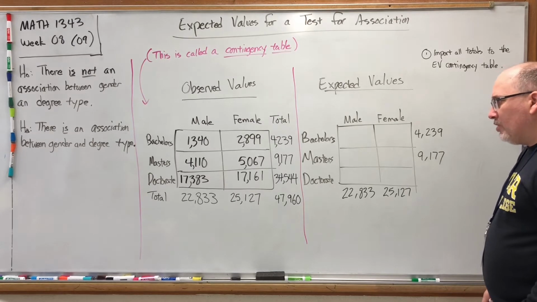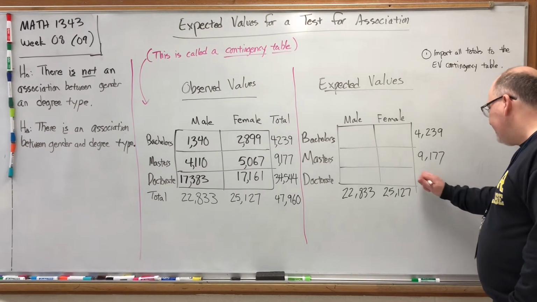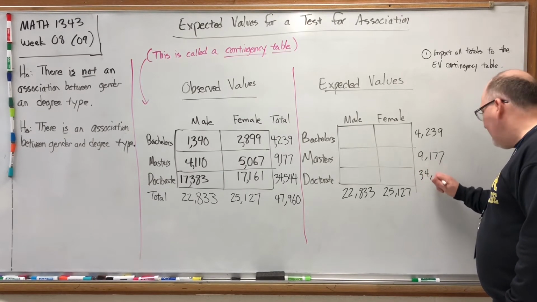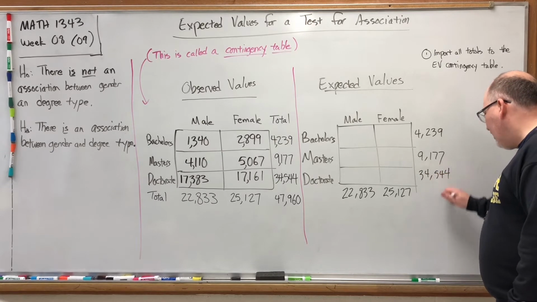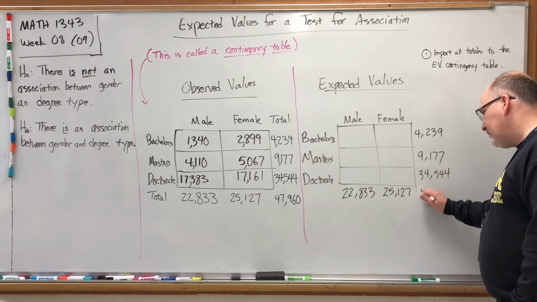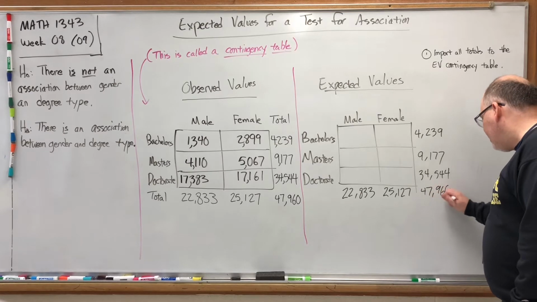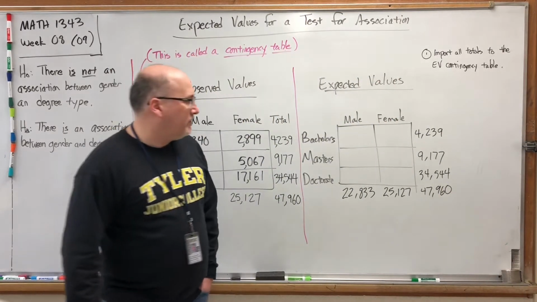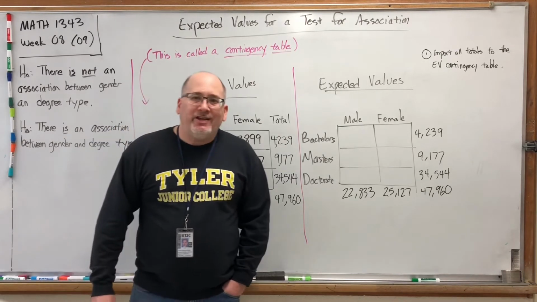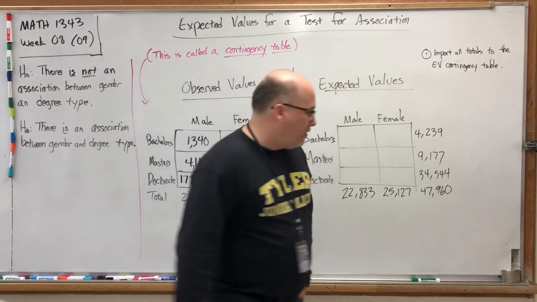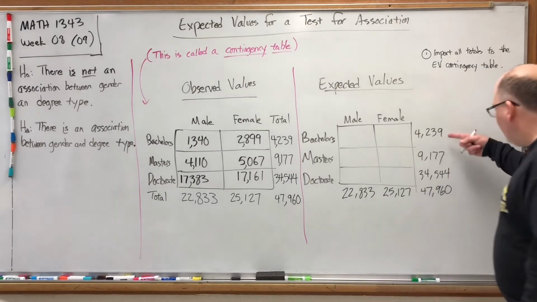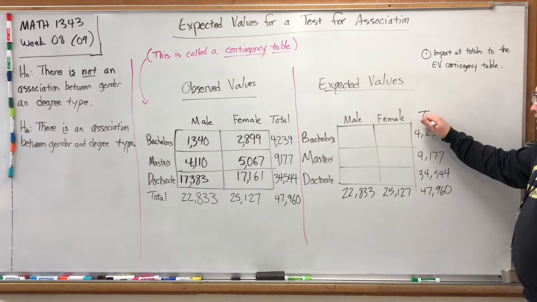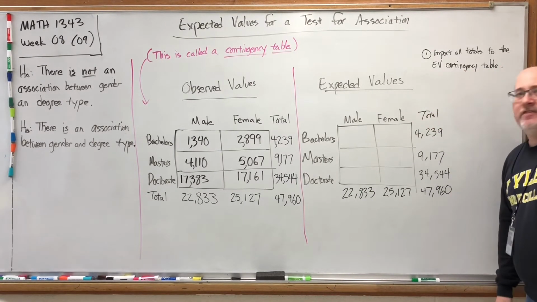And the total number of doctorate degree recipients, 34,544. And the grand total in either direction was 47,960. Now, what do these totals represent? These totals represent ignoring a category. For example, these totals over here ignore who is male and female.